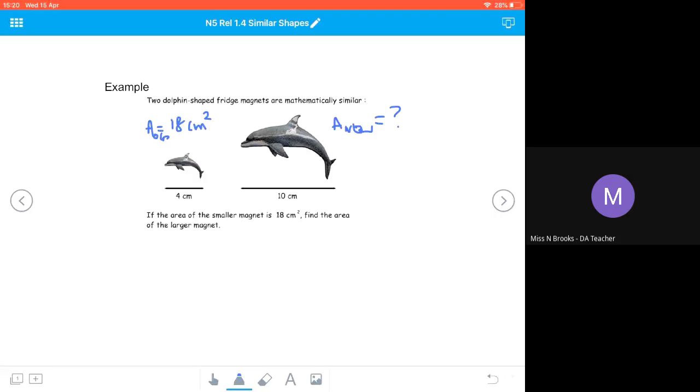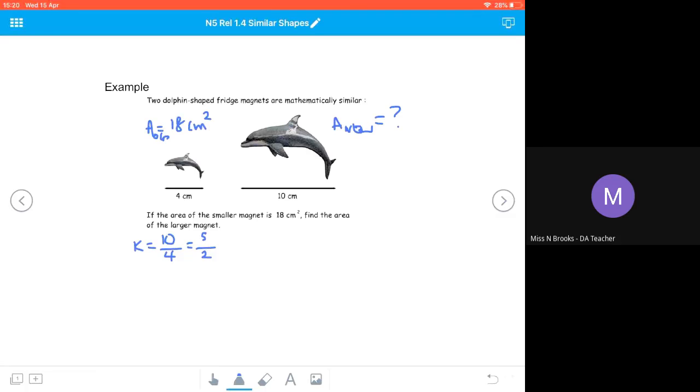So we know to work out our scale factor, we have to do new over old. So the first thing we're going to do is say that K equals 10 over 4. And we can simplify that down to 5 over 2.